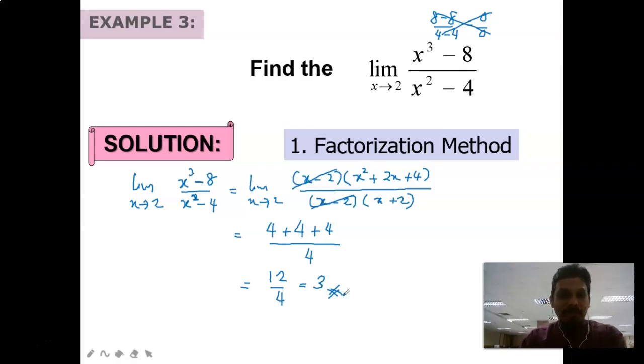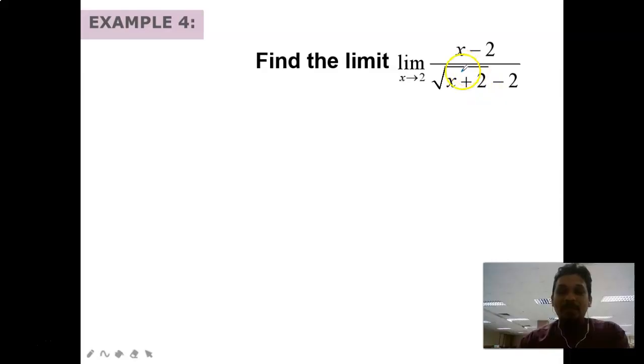Okay, next, find the limit of this. Okay, we substitute the value of x equal to 2. 2 minus 2 equal to 0. Substitute here, 2 plus 2 equal to 4, square root of 4 equal to 2, 2 minus 2 equal to 0. So we don't want this happening.